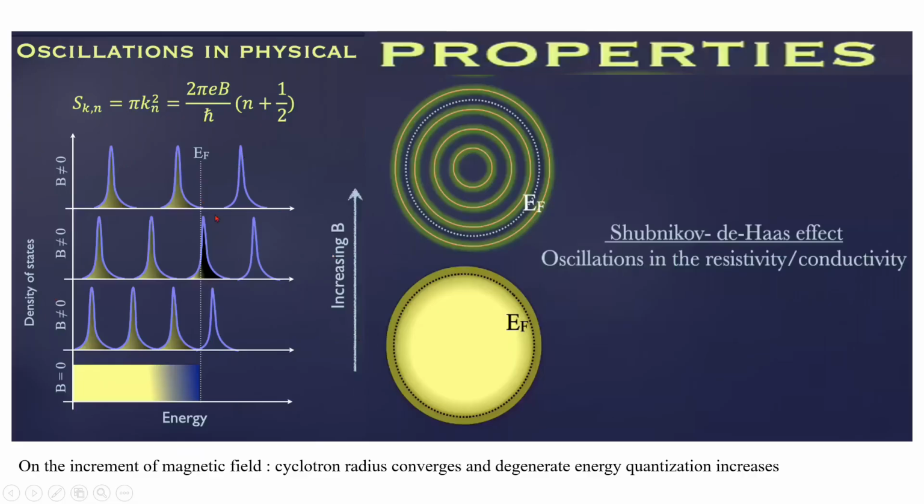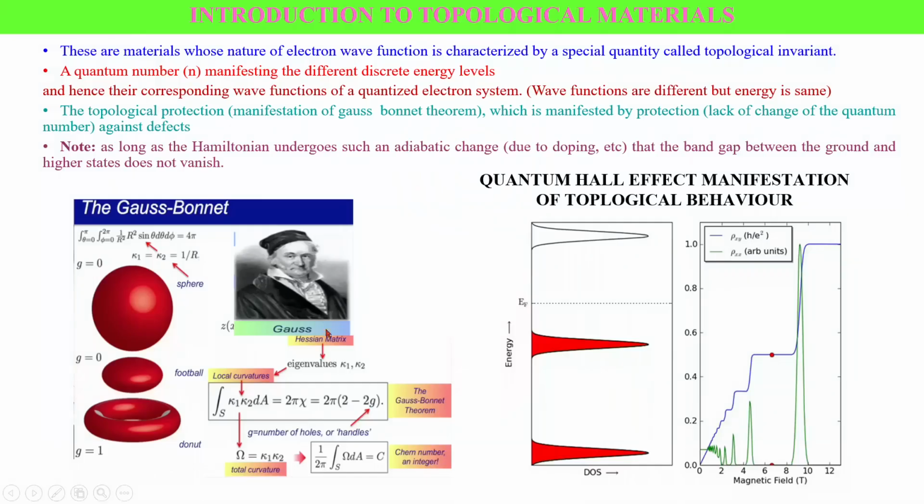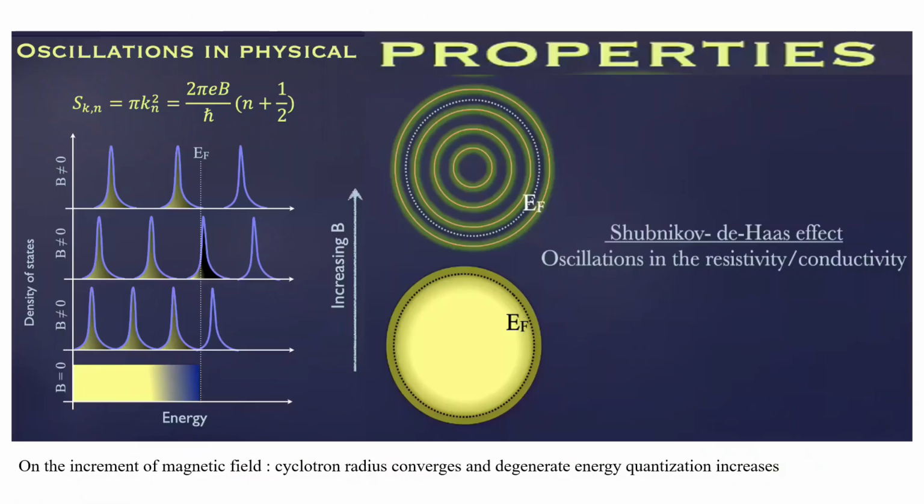With this the electron can oscillate in the different levels and give the periodic oscillations. After applying a very high magnetic field, the electron cannot cross, the density of states does not cross the Fermi energy, and due to which the oscillation is suppressed after a very high value of the magnetic field.